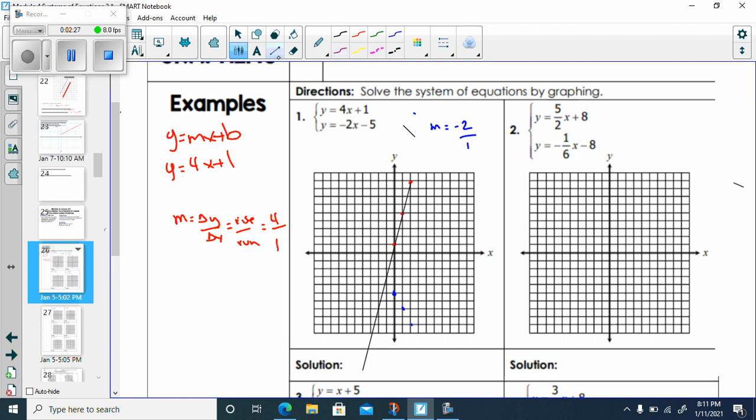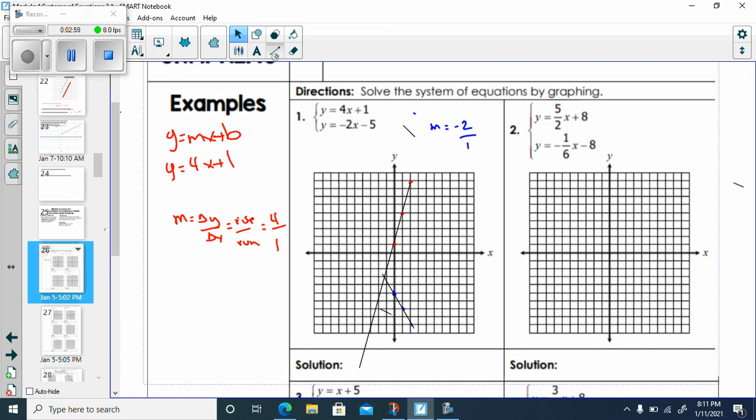Okay, and now I draw my line through those points to create my line, and I see where all of this intersects. Let me get this straight real quick. All right.